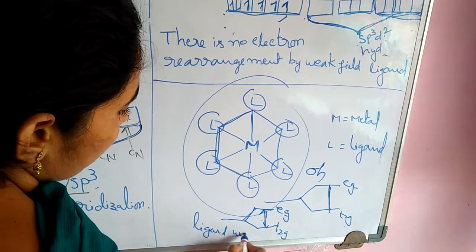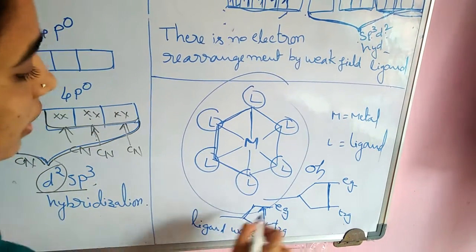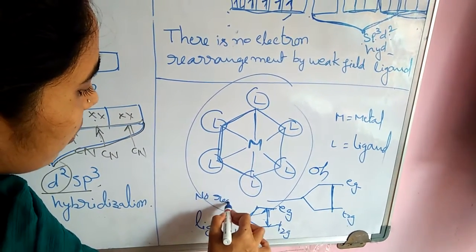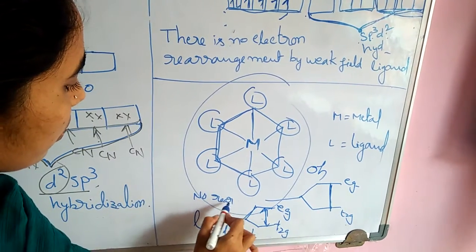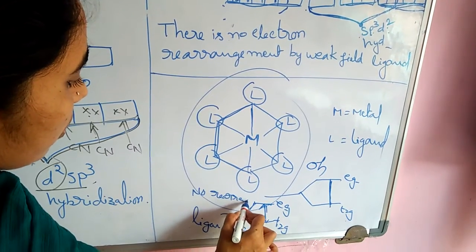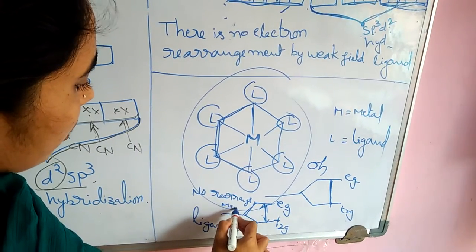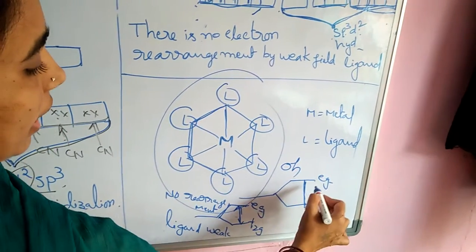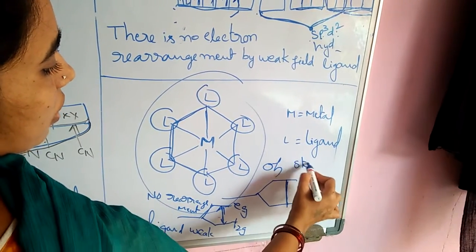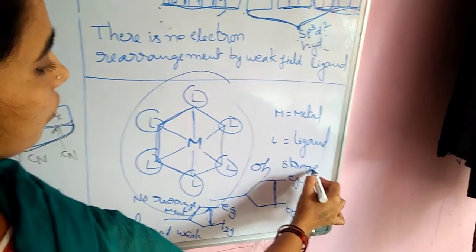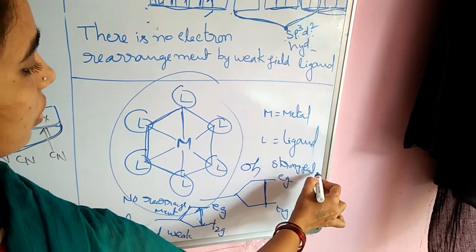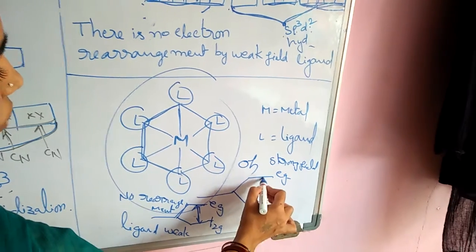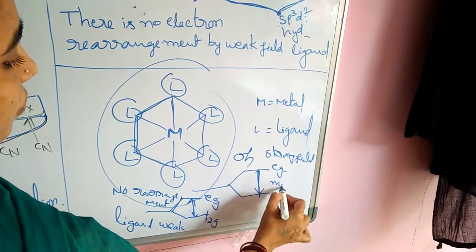Here the ligand is weak, so no rearrangement. Here rearrangement will be there, because the ligand is strong field, so the gap is more.